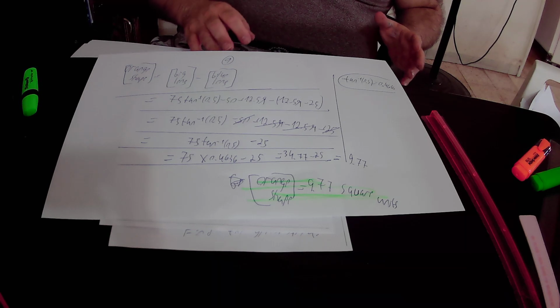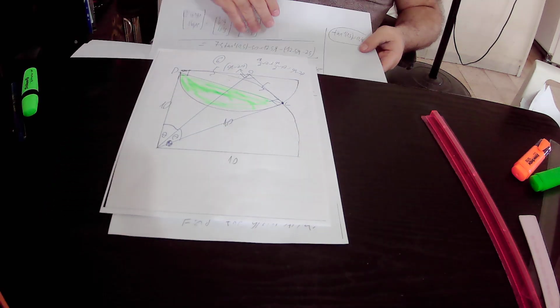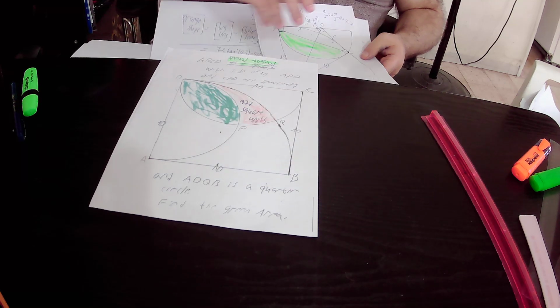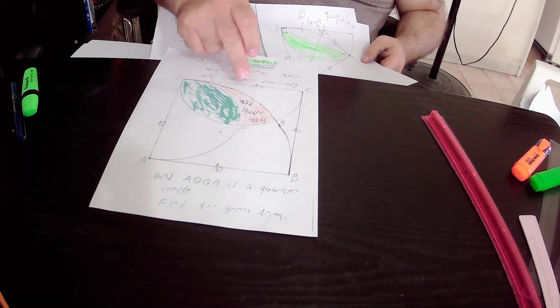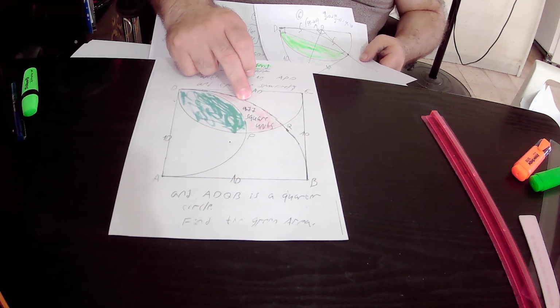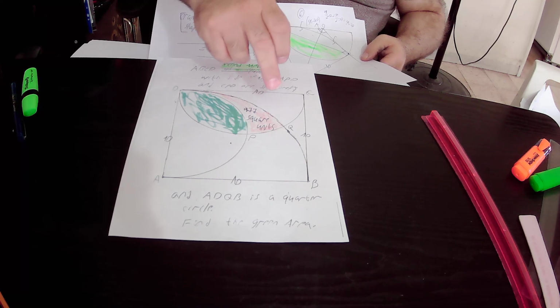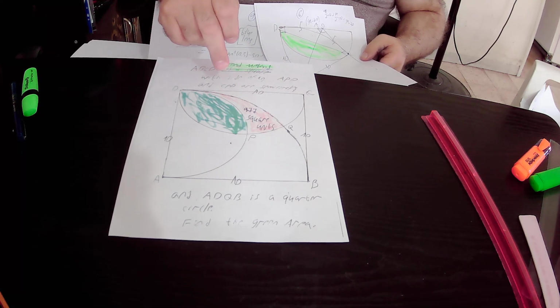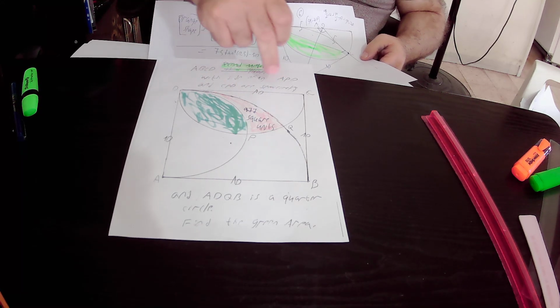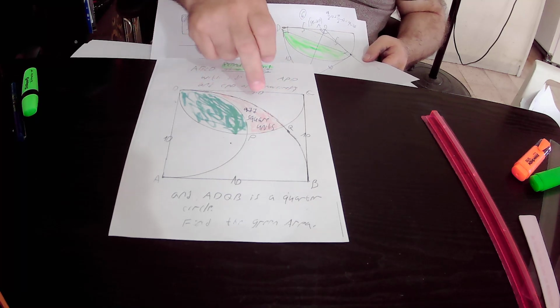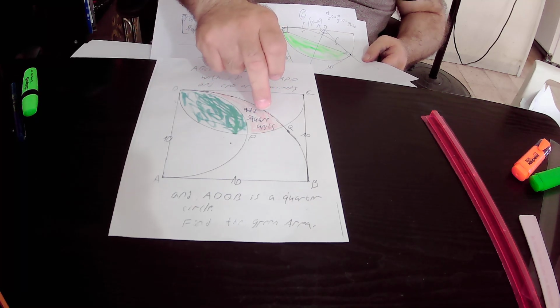So in both methods, we found out that the area of this orange shape equals 9.77 square units. In the first method we actually created a general formula for the area of the blue lens and the area of the big lens, and we subtracted the two areas from each other, and the result is the area of this orange shape.